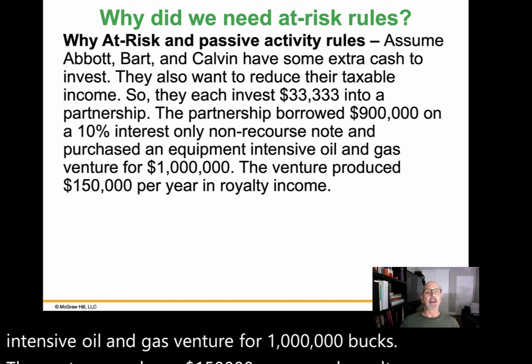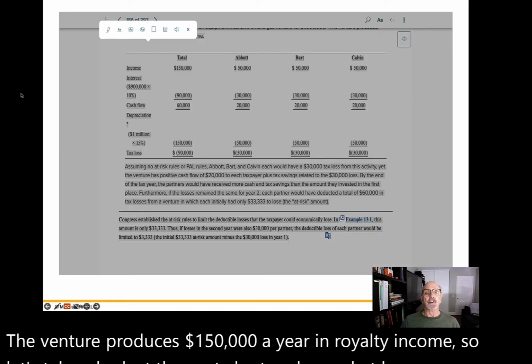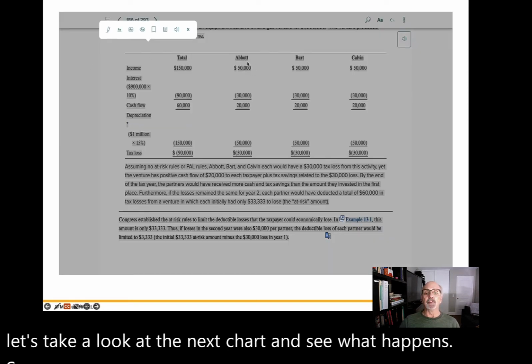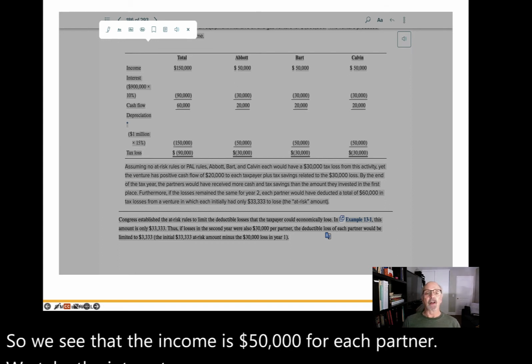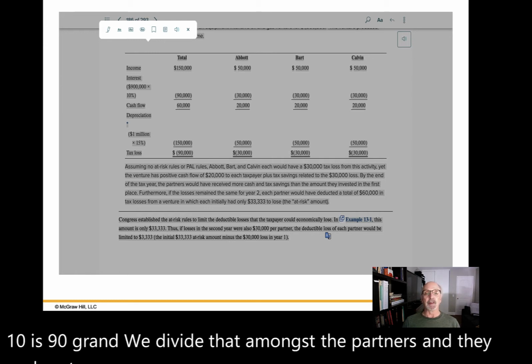So let's take a look at the next chart and see what happens. So we see that the income is $50,000 for each partner. We take the interest on that $900,000 note, so that's 900,000 times 10% is 90 grand. We divide that amongst the partners, and they each get $30,000, leaving them a cash flow of 20 grand.